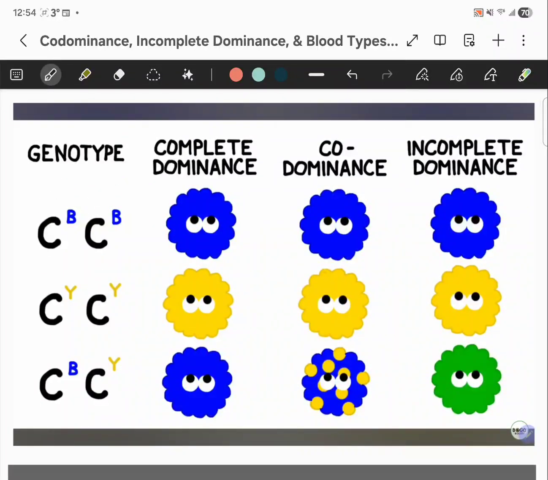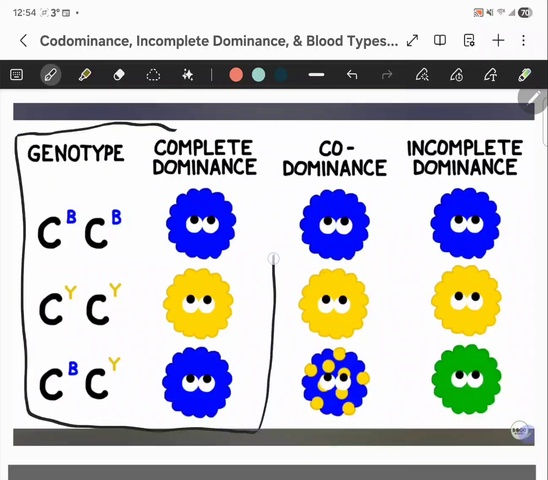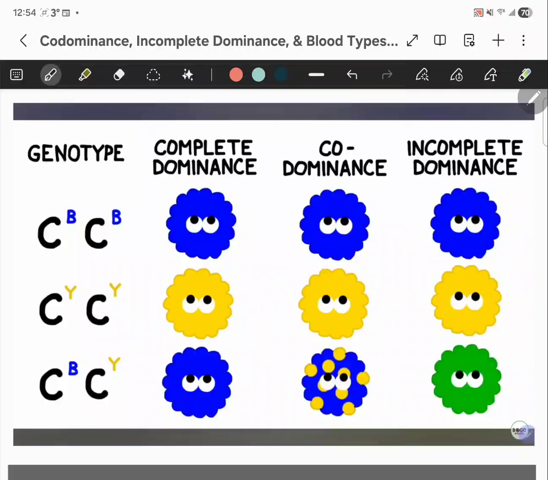If we look at these first two columns, what we talked about to start off our genetics unit was the genotype. When we have a homozygous genotype, where both alleles are the same, they have the same capitalization, or they code for the same thing, they have two identical alleles, then we're going to have whatever those alleles code for.